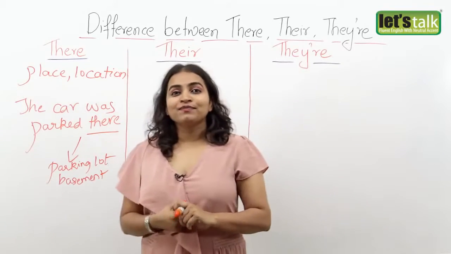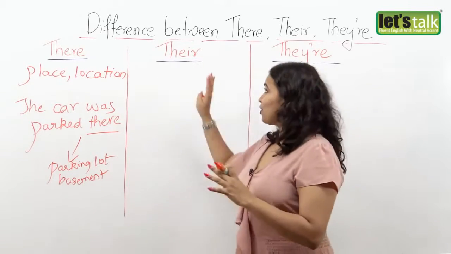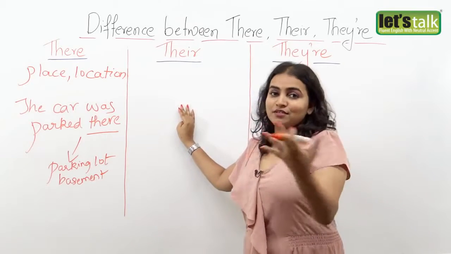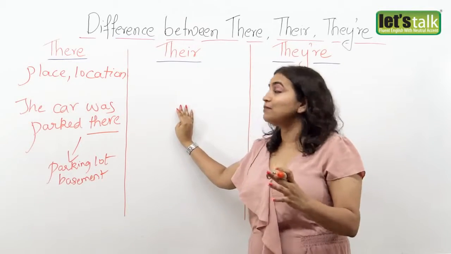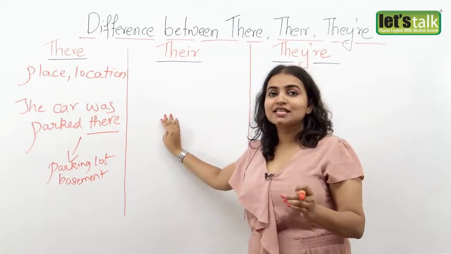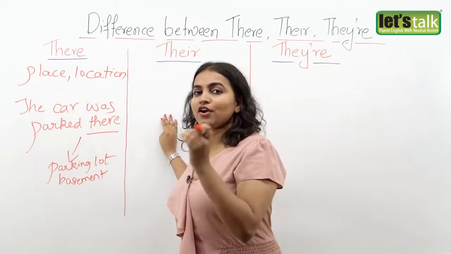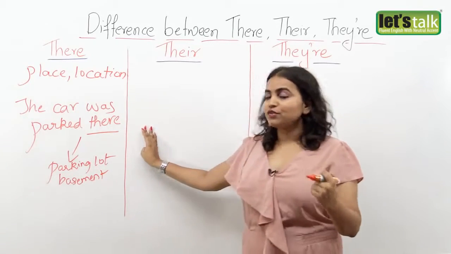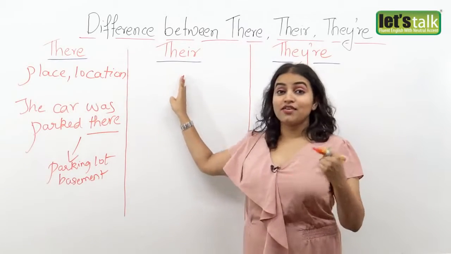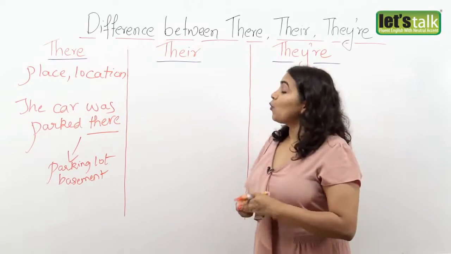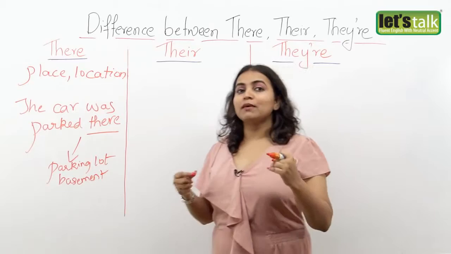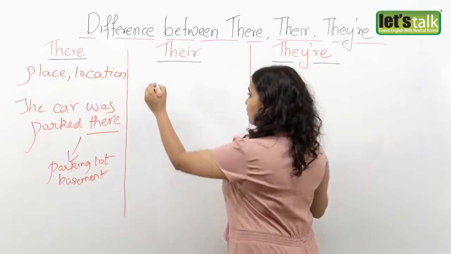Okay. The second word is again there because the pronunciation, as I said before, is the same. However, the spelling is T-H-E-I-R. Now, when do you use the word there in a sentence? Whenever you are talking about ownership.